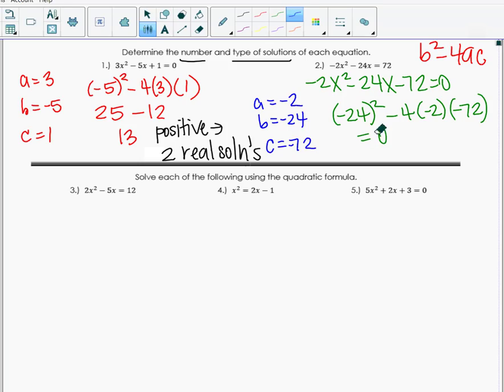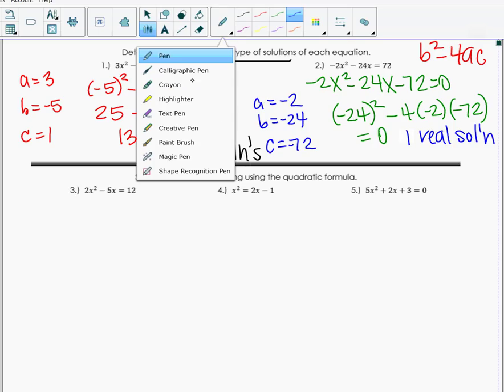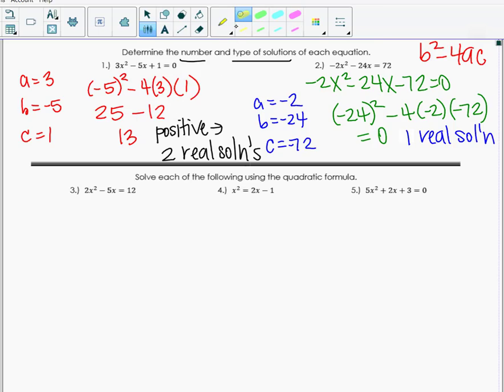So that means our number and type of solutions, we have one solution, and it is a real solution. That means the graph touches the x-axis once. So 2 real solutions for the first one, one real solution for the second one. If we had gotten a negative discriminant, then we would have gotten 2 imaginary solutions.